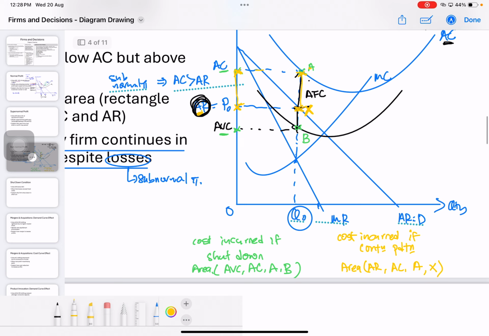Okay? So under this condition, can you see that when they shut down, cost incurred is the green color area. If they continue production, the cost incurred is the yellow color area. Therefore, do you see that the cost incurred when they shut down is more than if they continue production? So the decision will then be continue production. Okay?